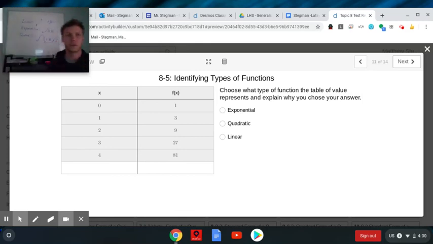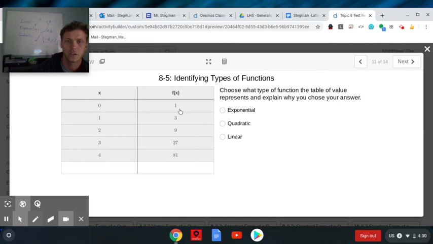So for instance, if I'm looking at this one right here, and I'll explain once we get to the quadratic. All right, so this one, I can see I'm adding 2, adding 6, adding a lot. So it's probably not adding in this pattern, but I can tell 1 times 3 is 3, 3 times 3 is 9, 9 times 3 is 27.